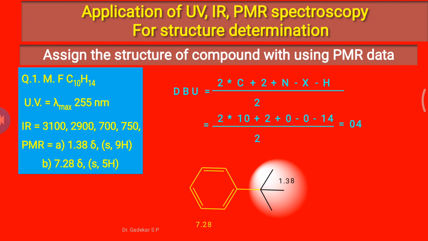This is the information of the UV, IR, PMR spectrum. This information is used to determine the structure of the molecule. First, the molecular formula of the given compound is C10H14. First, calculate its double bond unsaturation.